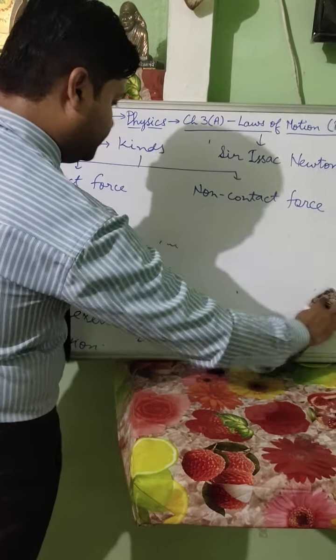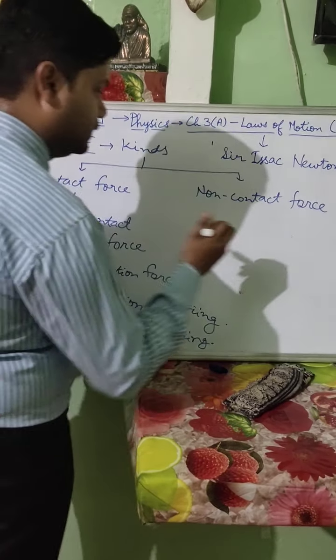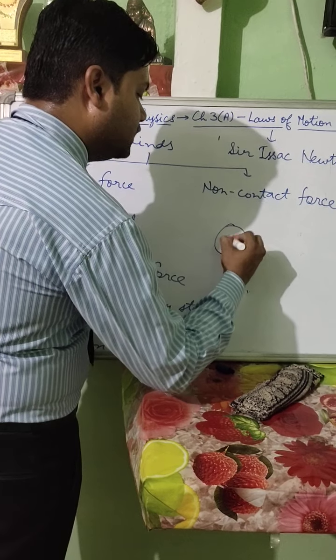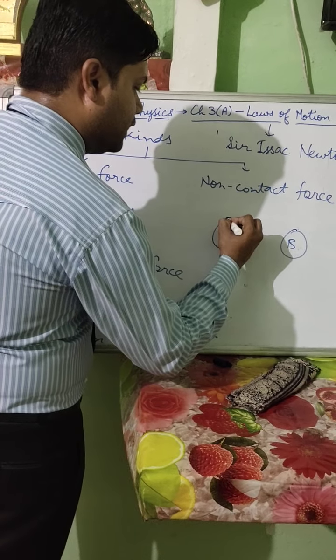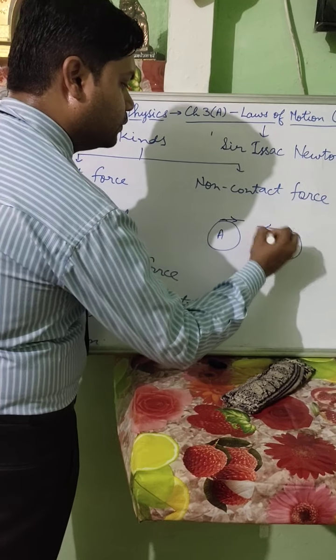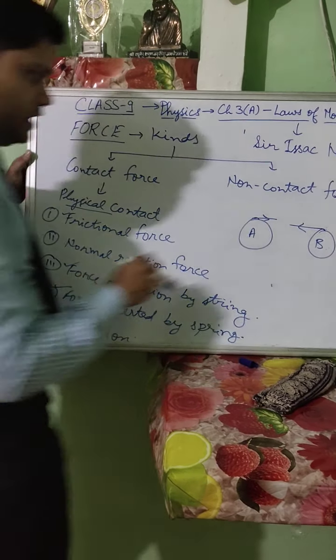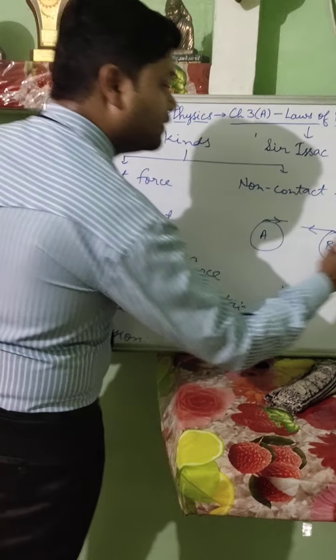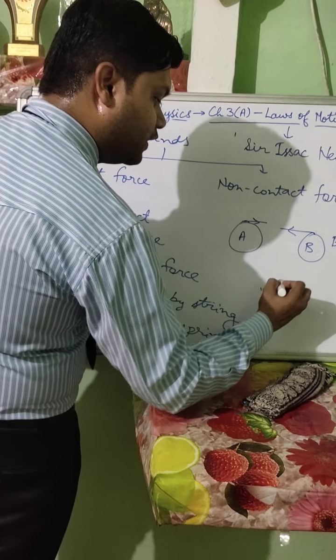Collision force. Collision means just colliding. So suppose this is body A and this is body B. I have applied force. So body A has started moving towards B and B has started moving towards A. This is before collision. And what will happen after collision?